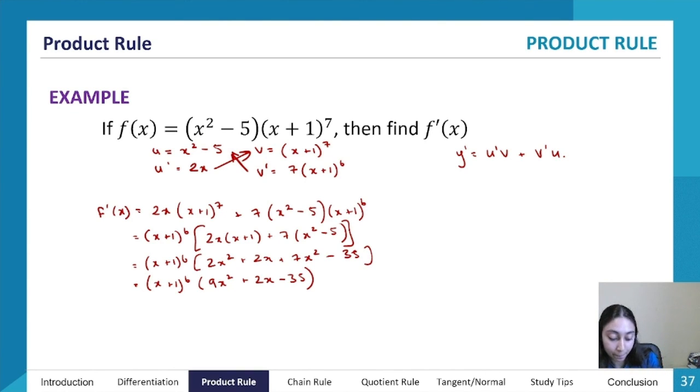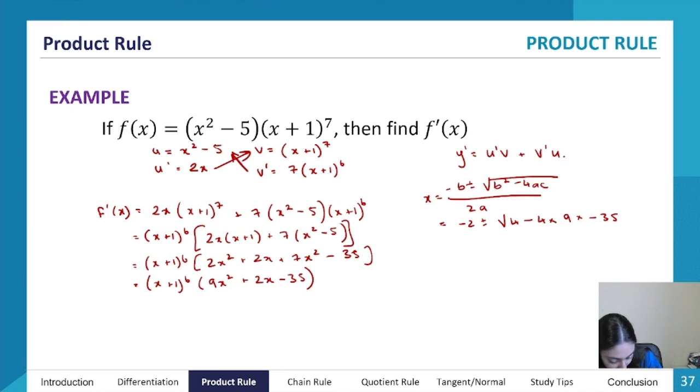So you can choose which method suits you best. I think I might just use the quadratic formula. So x is equal to minus b plus or minus the root of b squared minus 4ac, all on 2a. That gets me to minus 2 plus or minus the root of 4 minus 4 times 9 times negative 35, on 2 times 9.